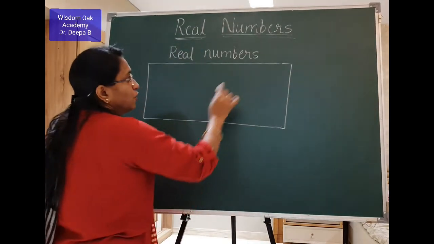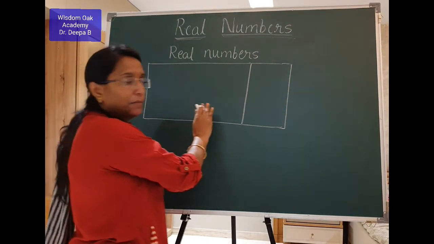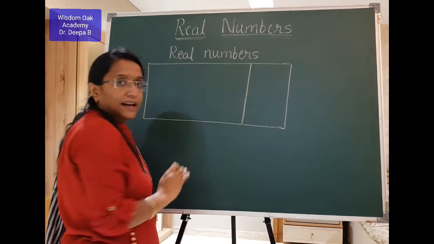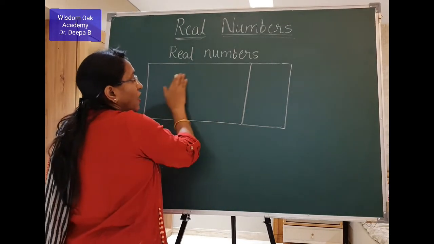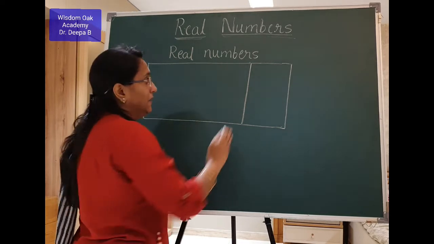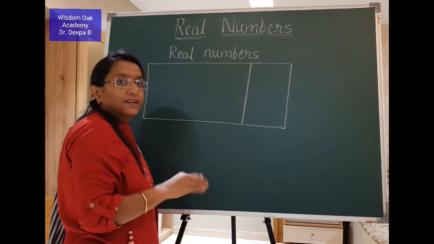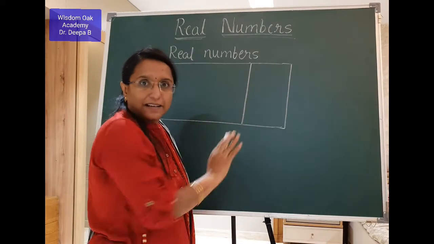In this one, two parts are there. One part we will consider as rational numbers and other part we will consider as irrational numbers. So, or else this family contains the members of that family. And here we will be having some pets, buffalo, ox or parrots like that.